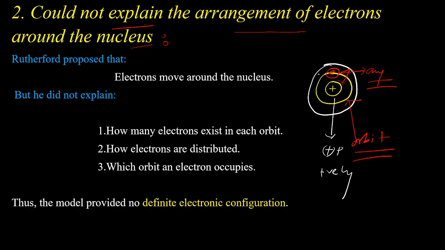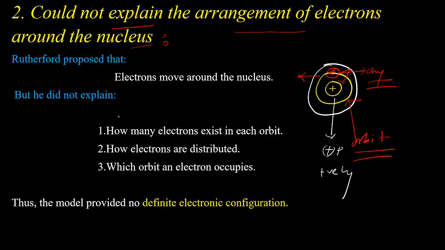Does the electron have any specific amount of energy when it is rotating in a particular circular path or particular orbit? He has not explained that. Which orbit can contain how many electrons? Rutherford's atomic model is totally silent about that.